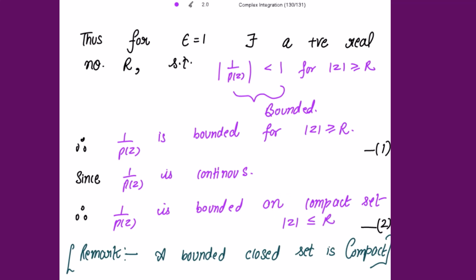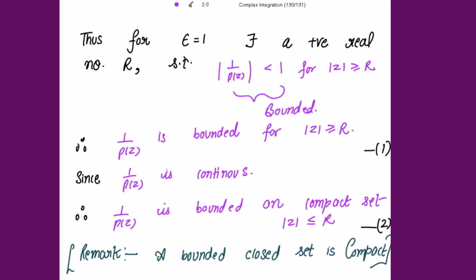So from 1 and 2, what do we conclude? 1 says that 1 over P(z) is bounded for mod z greater than or equal to r. 2 says that 1 over P(z) is bounded on the compact set mod z less than or equal to r, which means 1 over P(z) is bounded in the whole complex plane.